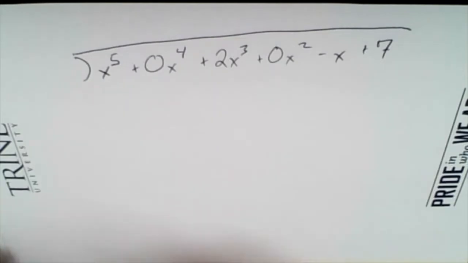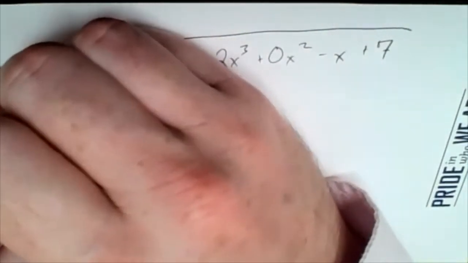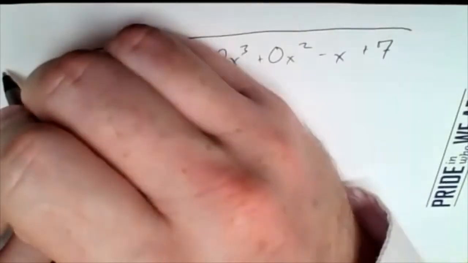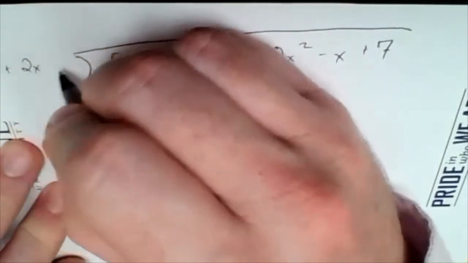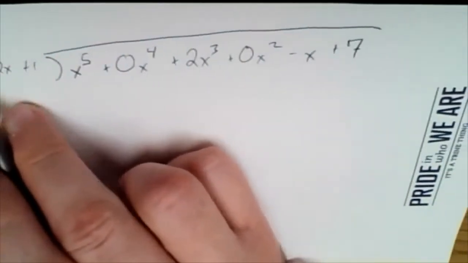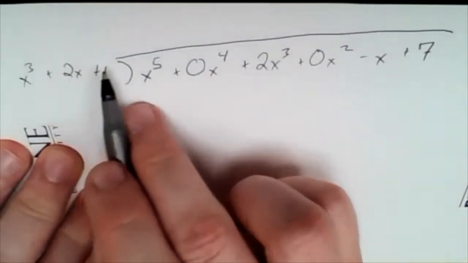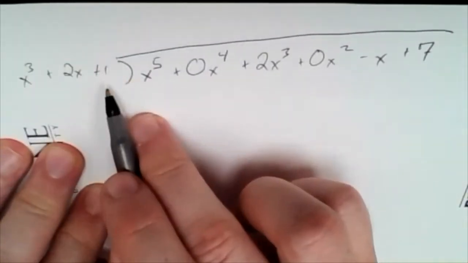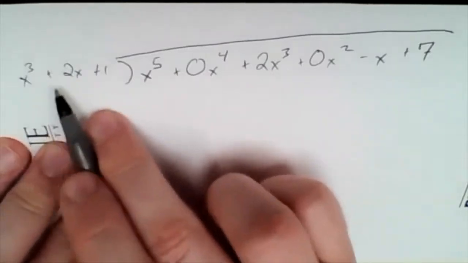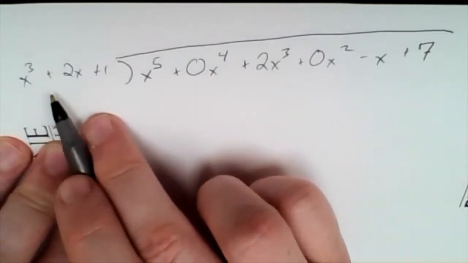My denominator was x cubed plus 2x plus 1. Over here, I don't need the placeholder, so that's okay. I'm not going to put in the 0x squared here.